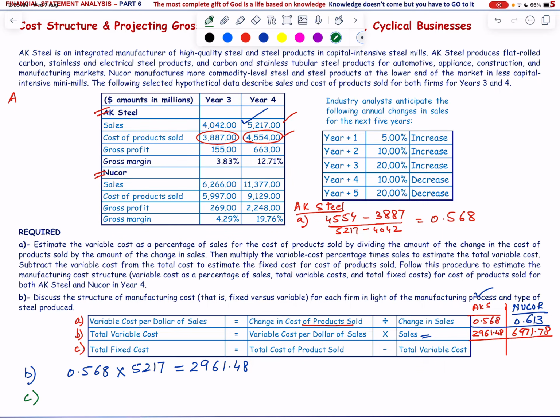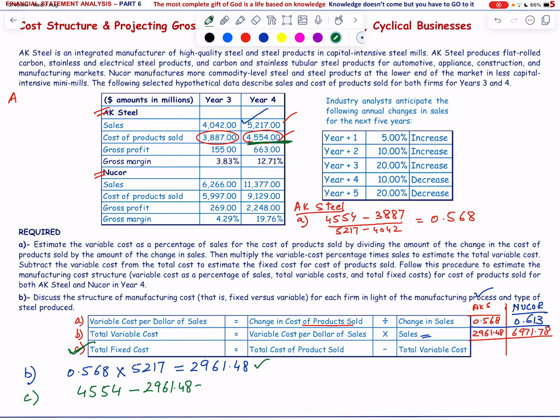The total fixed cost is equal to the total cost of product sold, which is 4554, minus the total variable cost, which we have calculated just now, that is 2961.48.